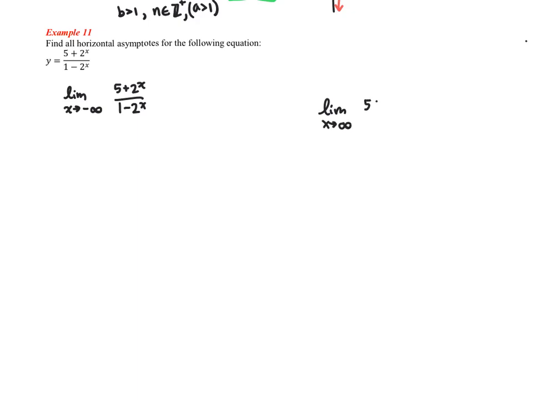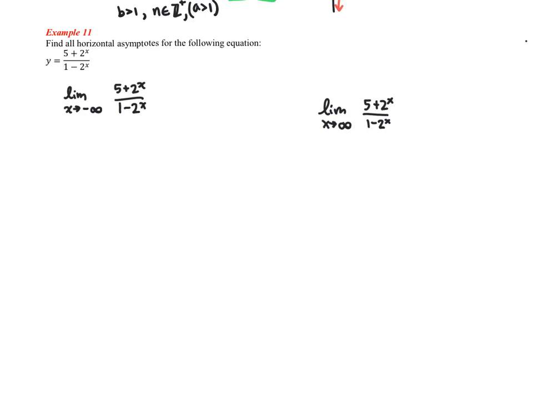Notice that the difference between left end behavior and right end behavior has to do with where x is headed. Here's your left end behavior as x heads to negative infinity. Here's your right end behavior as x heads to positive infinity. All right, so let's analyze the right side first.